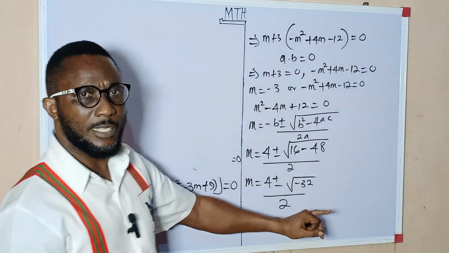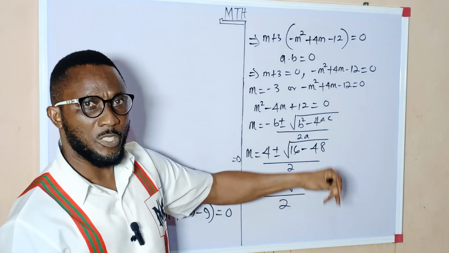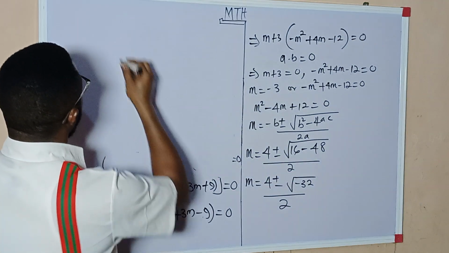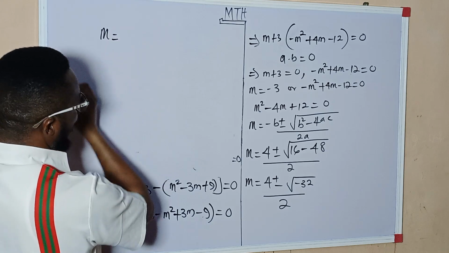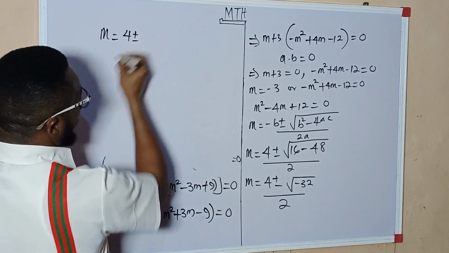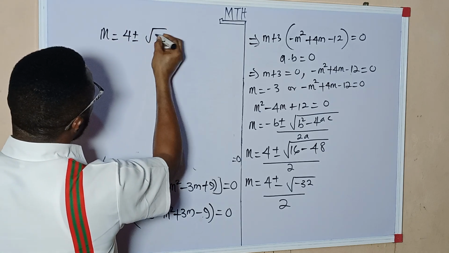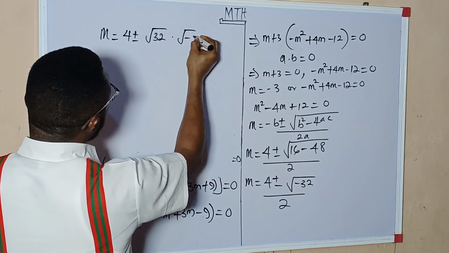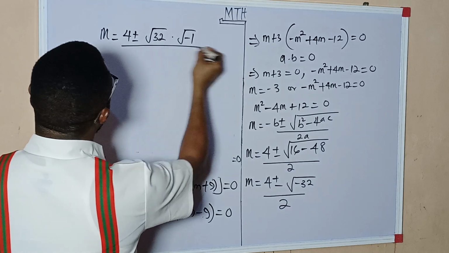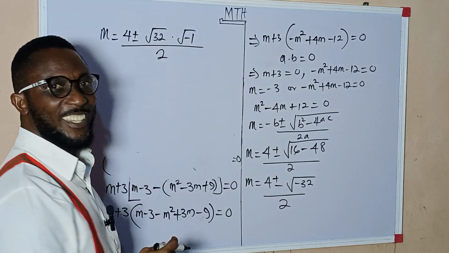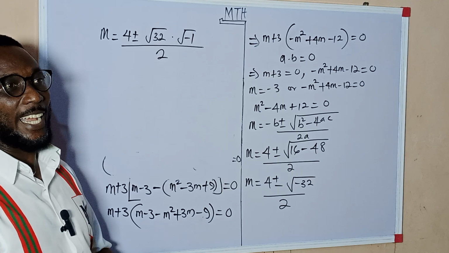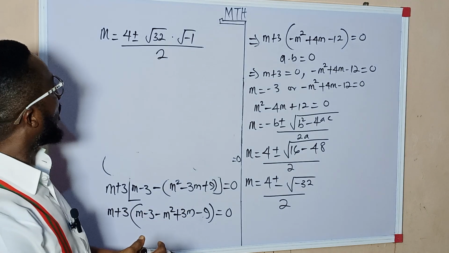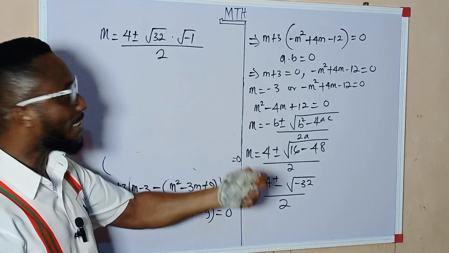Now, for me to write the square root of negative 32 for the sake of our audience in high school, I can say m equal to 4 plus or minus the square root of 32 multiply the square root of negative 1, all over 2.